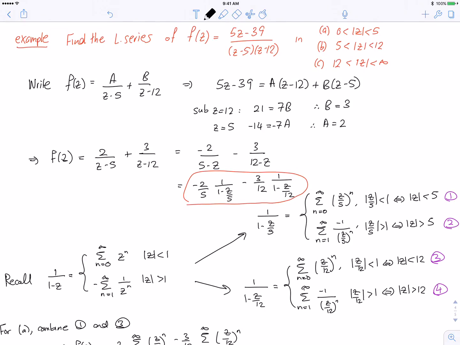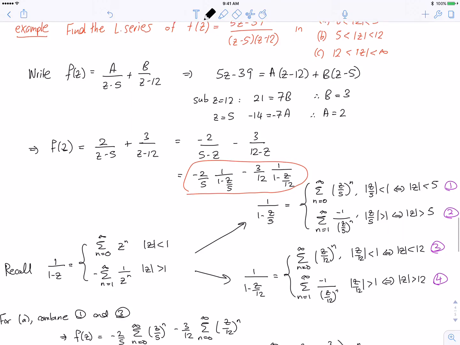Now have a look at part C. Now we want the modulus of z to just be greater than 12. Okay, so if we want the modulus of z to be greater than 12, I can just combine series 2 and 4, can't I? Because series 2 converges when modulus of z is greater than 5. Series 4 converges when modulus of z is greater than 12. So when you add them, both of them are still going to converge when modulus of z is greater than 12.